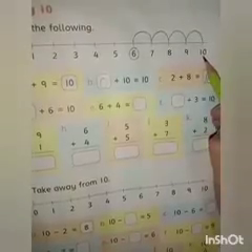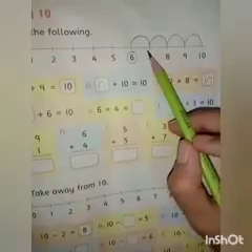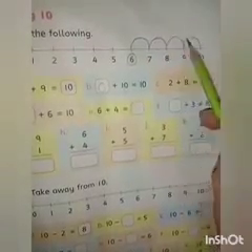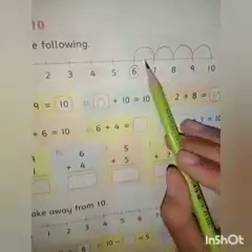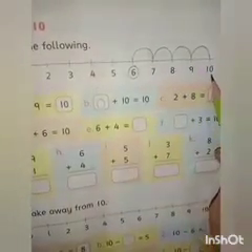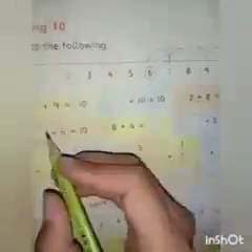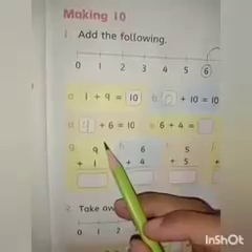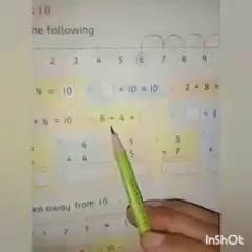Here's the number 10. Now count how many times we jumped. 1, 2, 3 and 4. We jumped 4 times to reach 10. So our first number is 4. Write 4 in the box, which is our answer. Go for the next one.